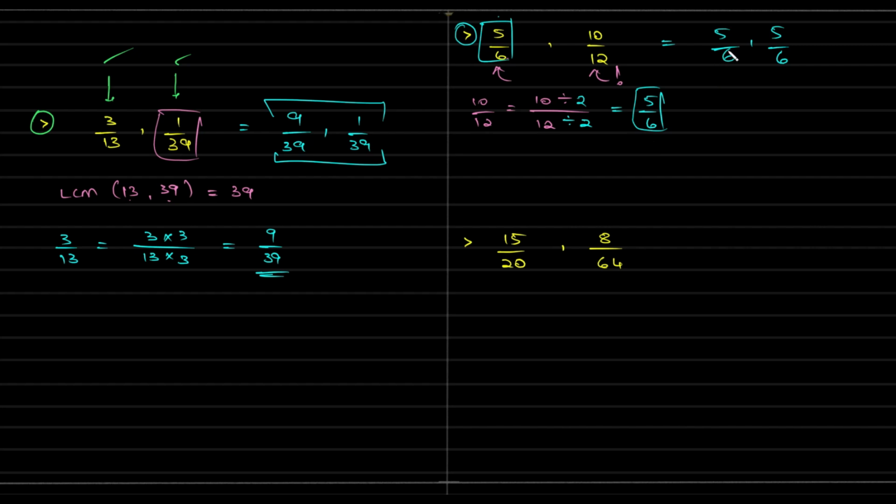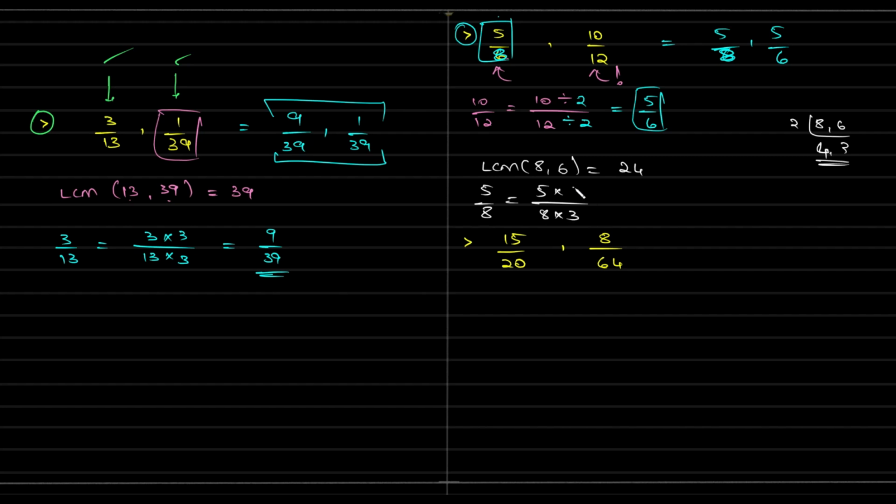But I wanted to change this question to 5 by 8. Then how do we go about it? It's quite simple. If I convert this to 5 by 8, they are not in like term form. So what we have to do is find the LCM between 8 and 16... between 8 and 6. The LCM of 8 and 6 is what? 2 4s are 8, 2 3s are 6. These two are co-prime, so we take the product of 2, 4 and 3, and that is 24. And after that we have to convert 5 by 8 to have denominator 24.